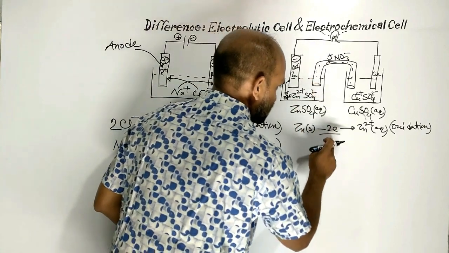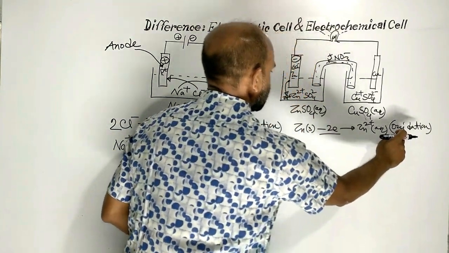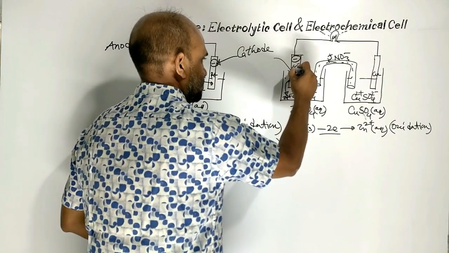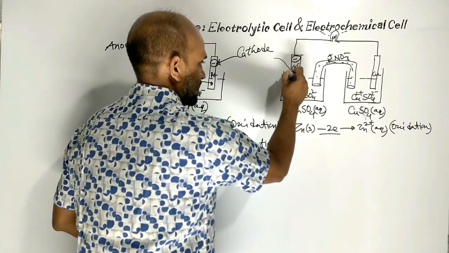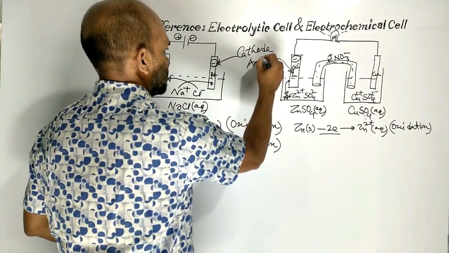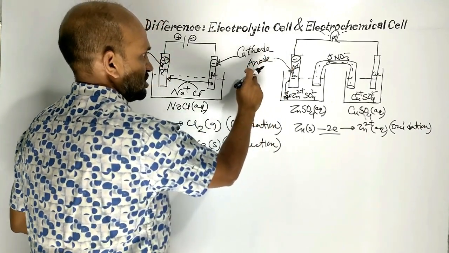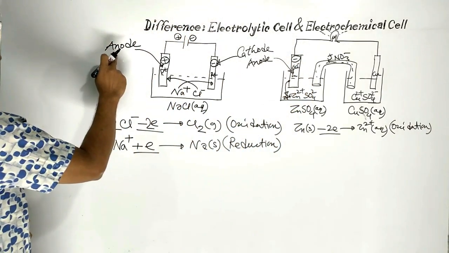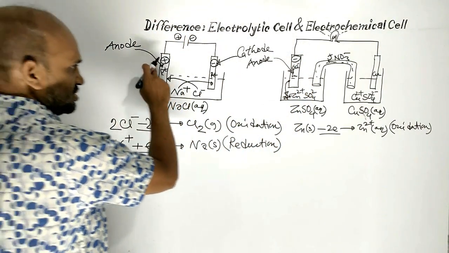The metallic strip where oxidation occurs is called anode. So here, anode is negative in charge. Here, anode is positive in charge.